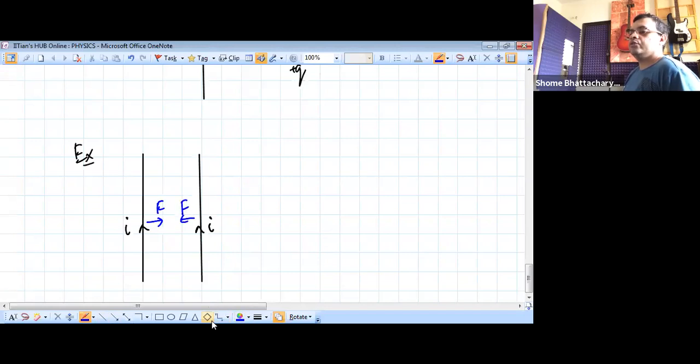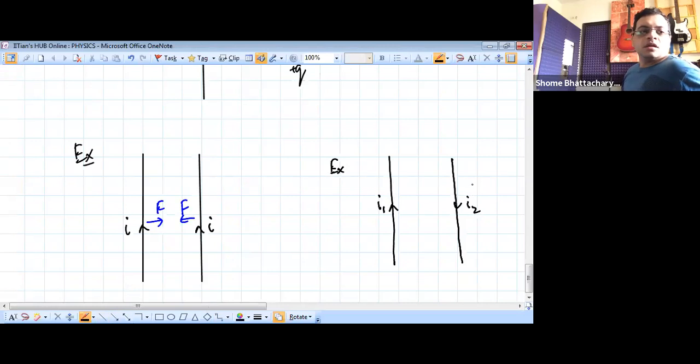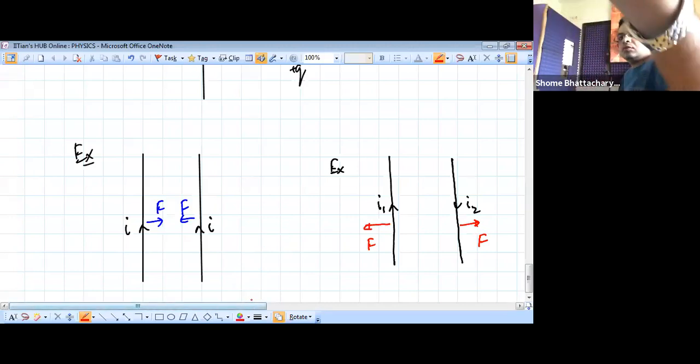Or if you have two currents going in anti-parallel directions, you have two current carrying wires, this carrying current I1, let's say like this, and this carrying current I2 like this, we have this kind of situation.